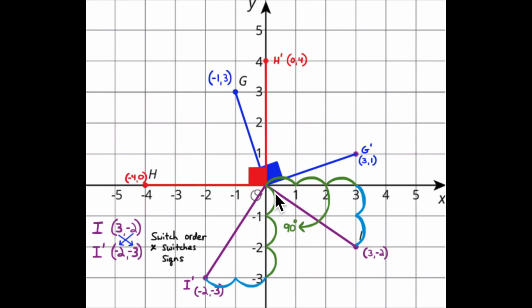So this x-coordinate right here becomes the y-coordinate, and it becomes a -3. So it switches signs, and they switch places. So this 3 goes to -3, and this -2 remains the same, still -2, but it becomes the x-coordinate to get to this point.